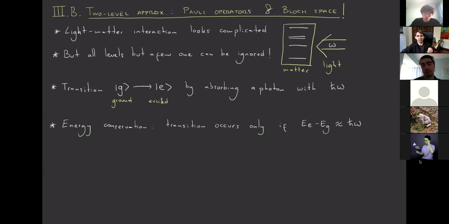So if you are giving energy h bar omega to the electron, it can jump only to energy levels that have roughly that energy h bar omega difference with respect to the energy that you have.